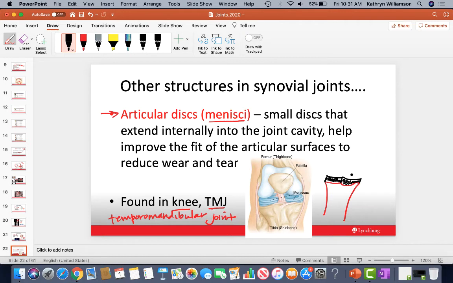It basically improves the fit of the joint, because they'll be kind of built up on the edges and come down in the middle, because the end of the femur, when it comes down, is shaped like that. It's kind of rounded on the bottom, and so it's a better fit with the meniscus. And it's also going to help to absorb compression through the knee joint itself.